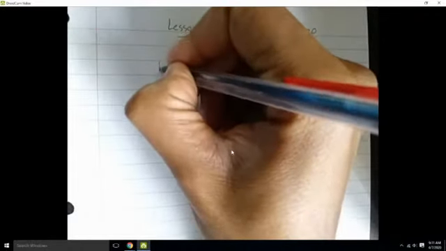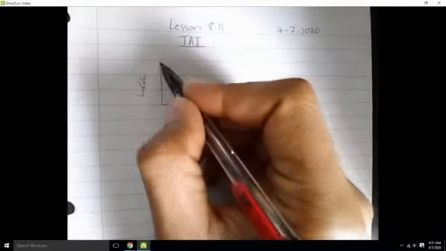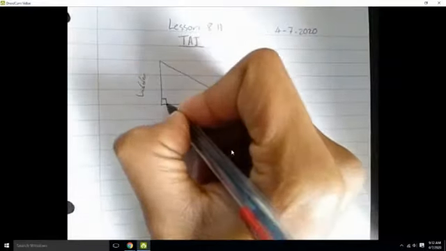So, the first thing we should do when we get these word problems is draw ourselves a picture. This would be our ground, and this would be the ladder, and this is the slide. It is perpendicular, which means that it must form a 90-degree angle.